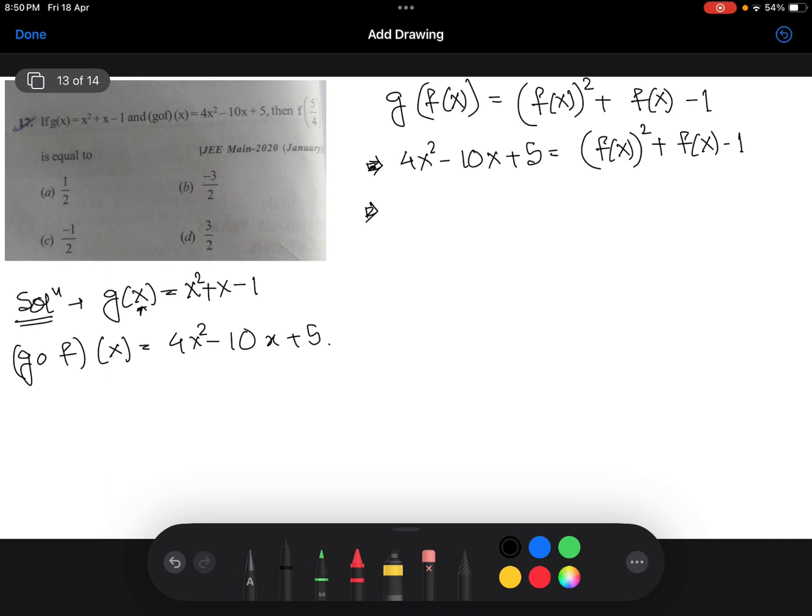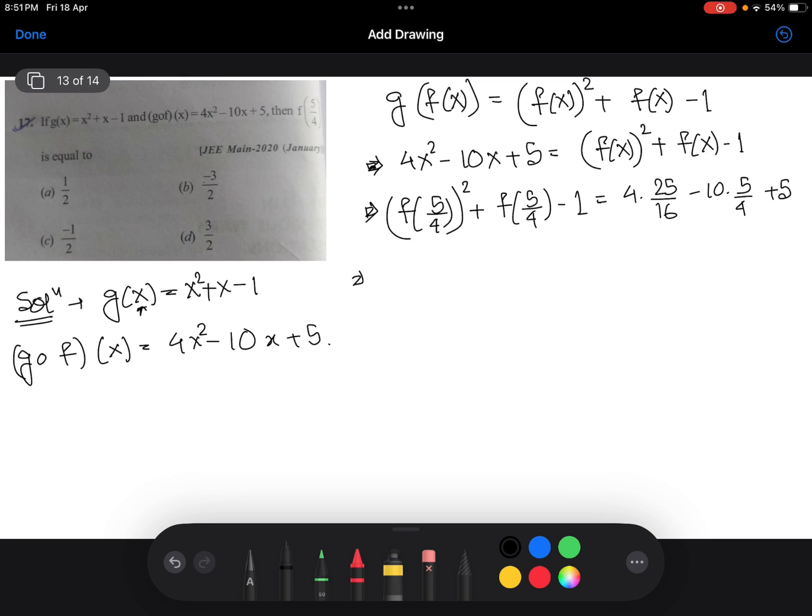Now what value do they want? F of 5 by 4. Just put x equal to 5 by 4. So f of 5 by 4 whole square plus f of 5 by 4 minus 1 is equal to 4 into (5 by 4) whole square, which means 25 by 16, minus 10 into 5 by 4 plus 5.